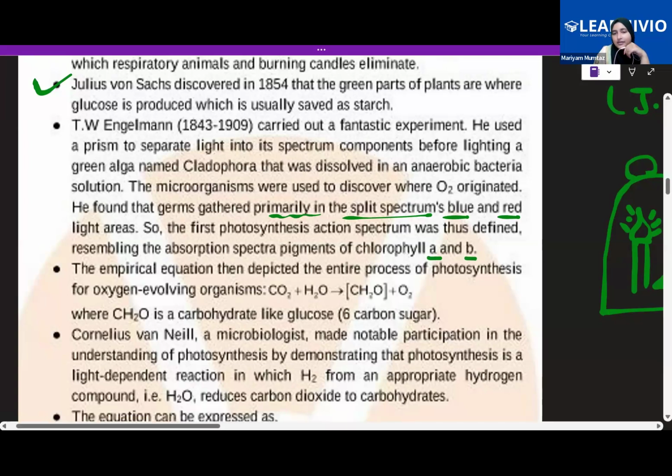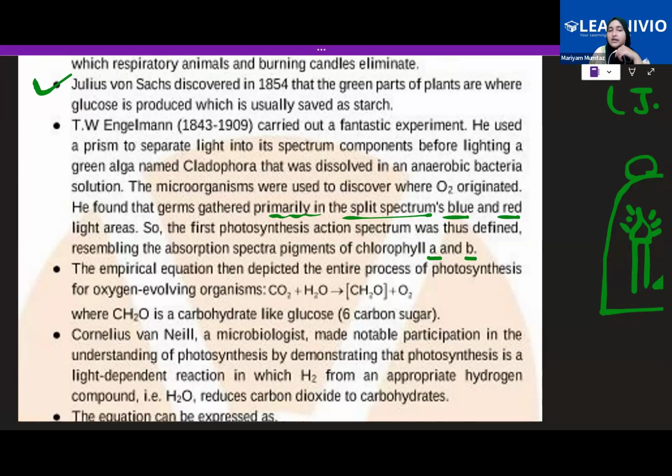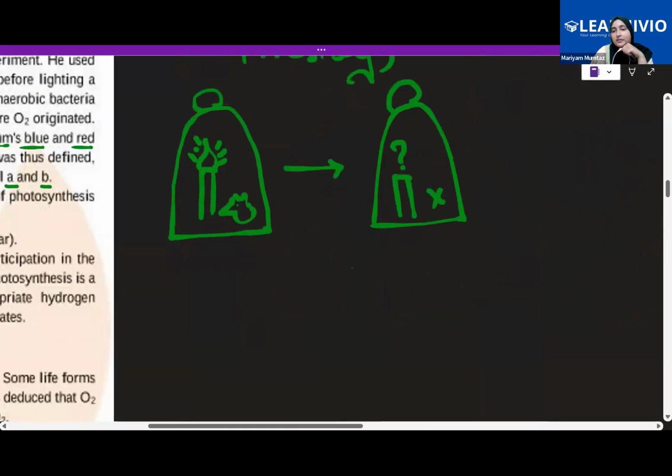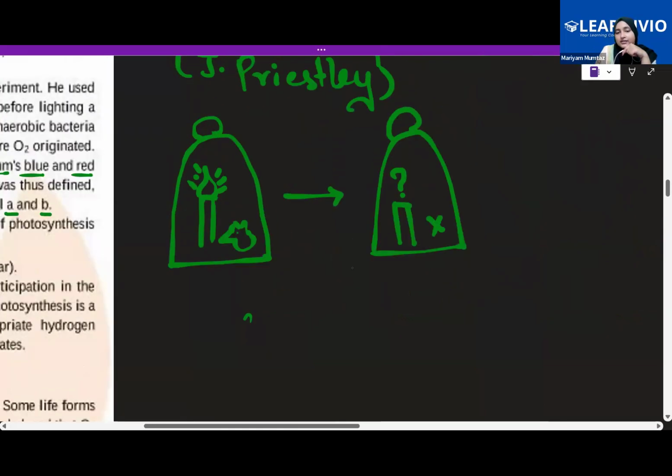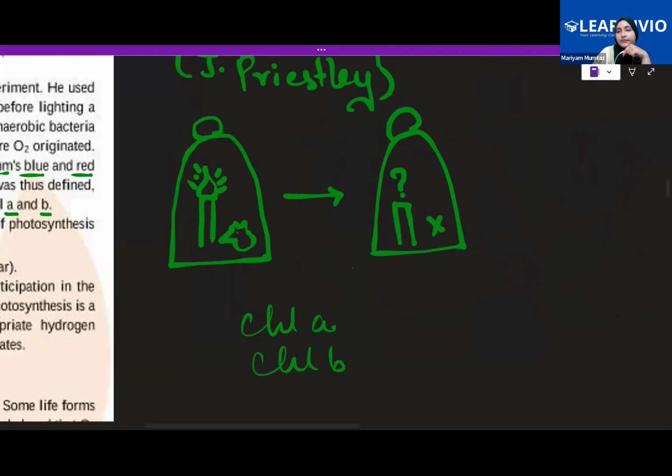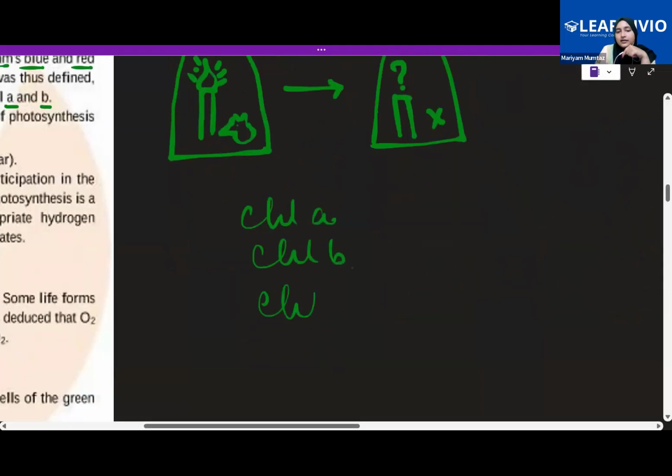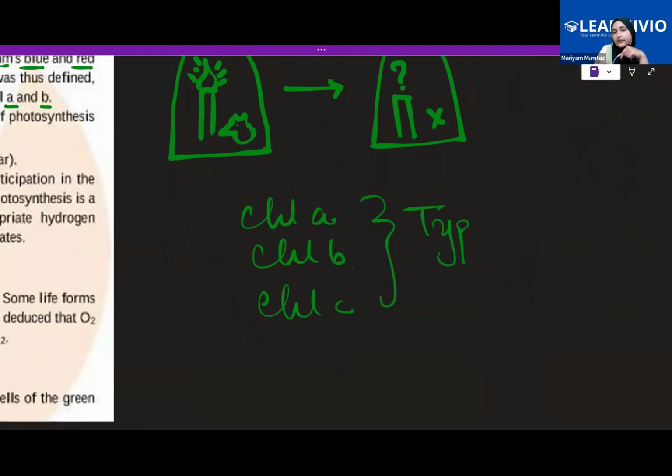Now see, what happened is that there are different types of chlorophyll molecule present. I believe you remember from plant kingdom. So there's chlorophyll A, there's chlorophyll B, and there's chlorophyll C. These are the types of chlorophyll.